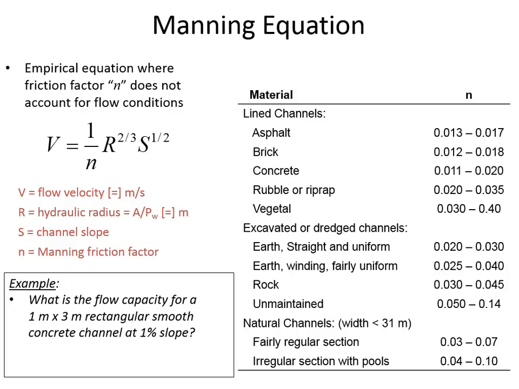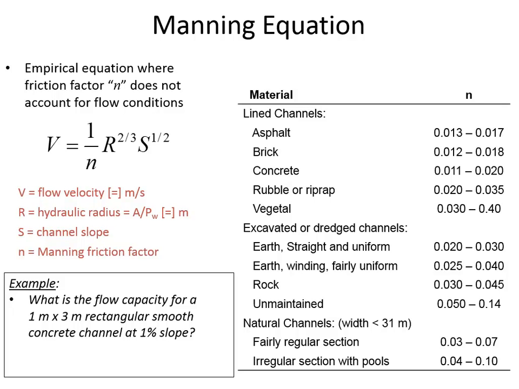That would be like a polished concrete that was extremely level, where at the upper end of that, 0.02 would be a concrete that has a granular, sort of gritty surface that would be sort of abrasive to touch. And sometimes it's difficult for natural channels, for like earth-lined channels, to know where in this range to go.